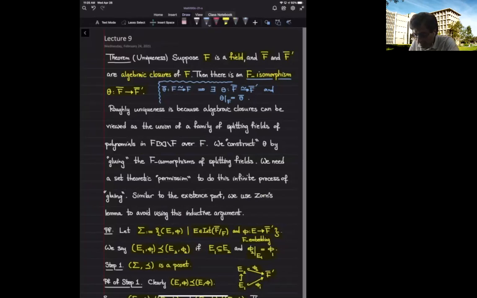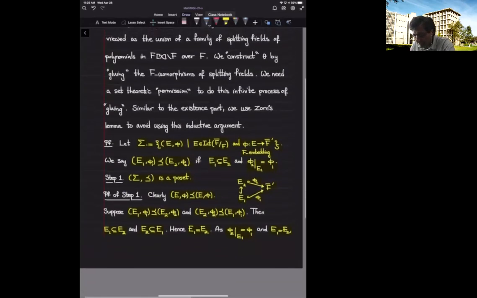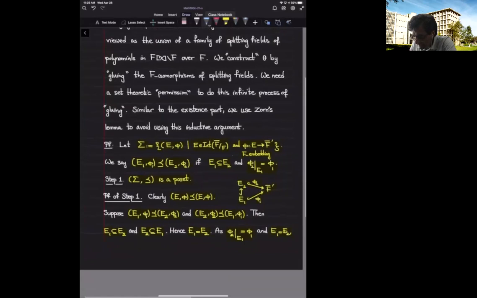The proof that we gave here is when theta bar is identity. We showed this when theta bar is identity, but if you go through the argument, you see that the same argument works. The only difference is that instead of saying F embedding, we have to demand that phi restricted to E, restricted to F, should be theta bar.